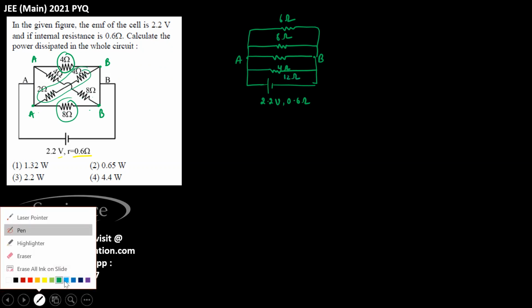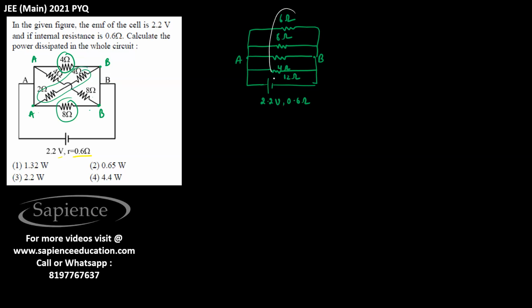All these four resistances are in parallel, so the equivalent resistance is given by 1 by R equivalent equals 1 by 6 plus 1 by 8 plus 1 by 4 plus 1 by 12, as they are all in parallel. We take the LCM, which is 24. 6 fours are 24, 3 plus 6 plus 2.